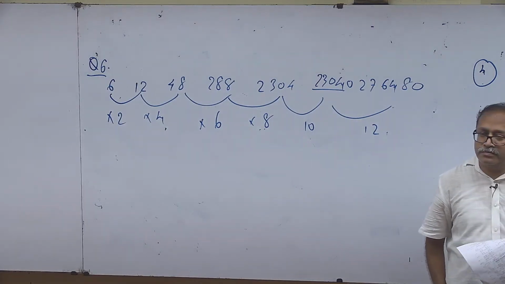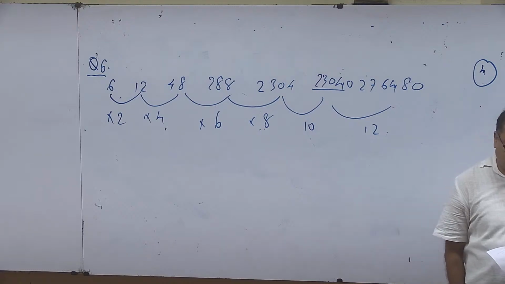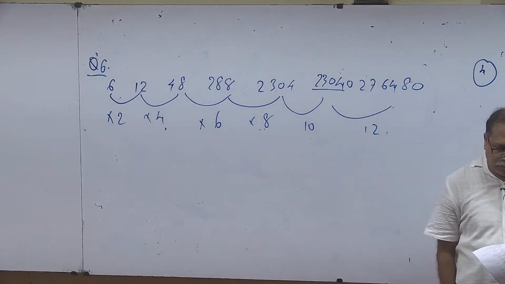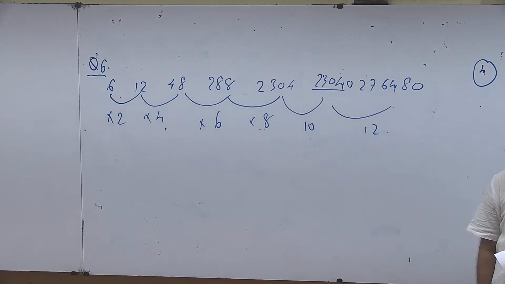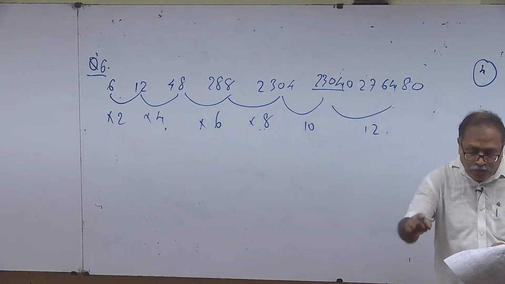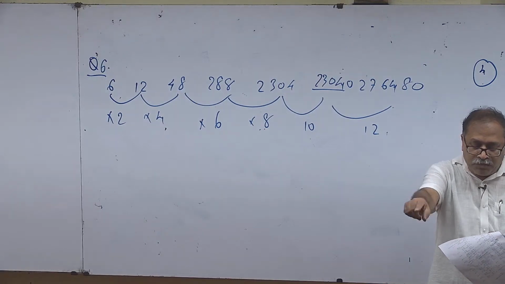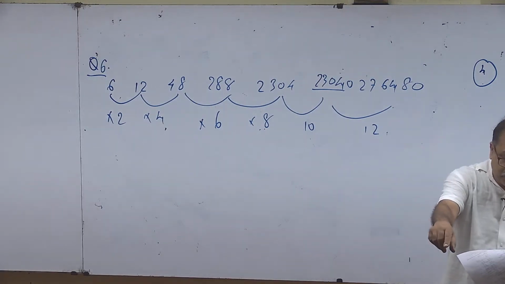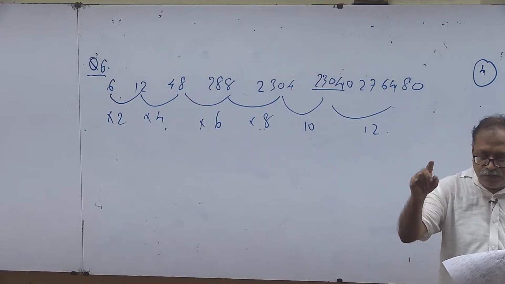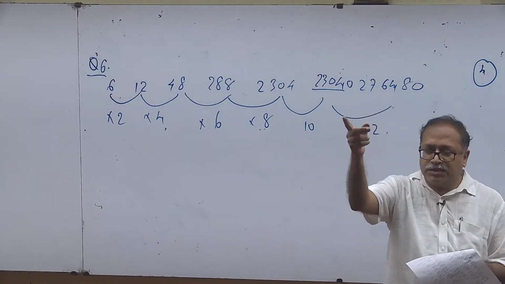Question 7. Into 1 plus 1, into 2 plus 2, into 3 plus 3. So finally you go for into 4, into 5, into 6 plus 6.